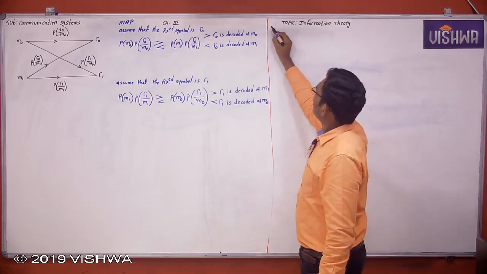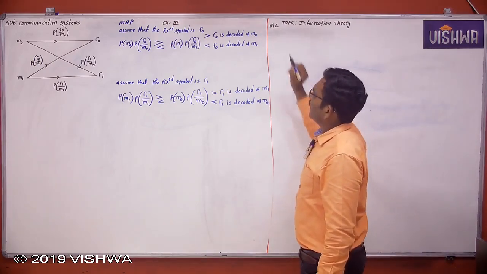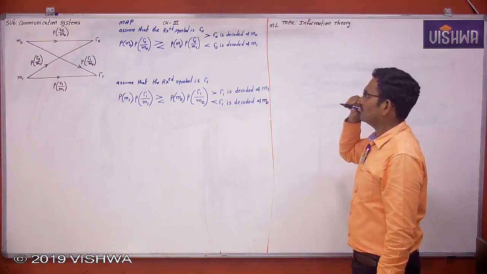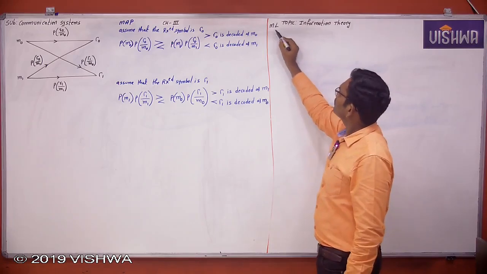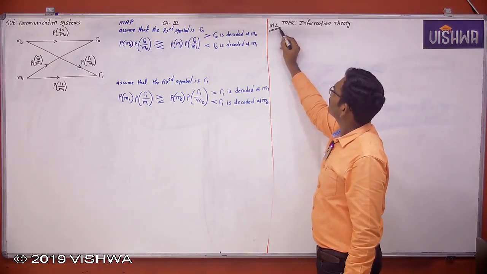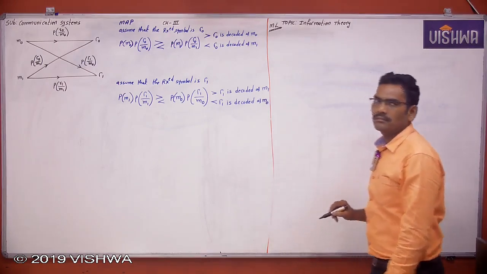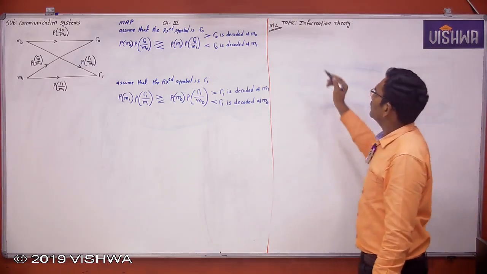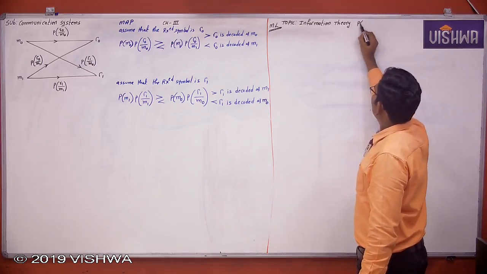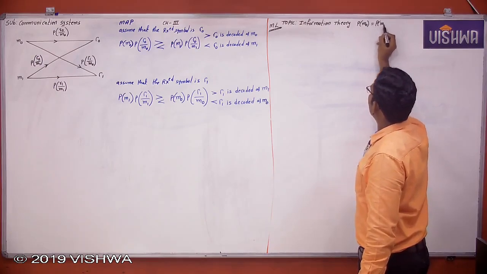Now ML, maximum likelihood decoding. Now see here. In ML decoding, the symbols M0 and M1 are transmitted equiprobably.